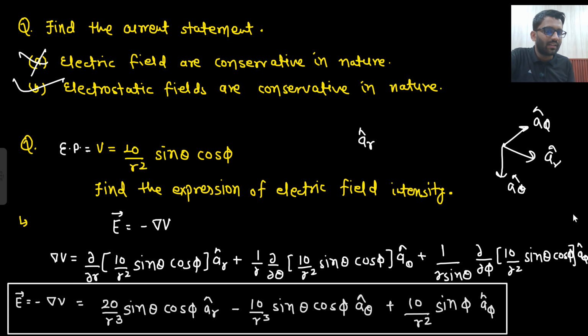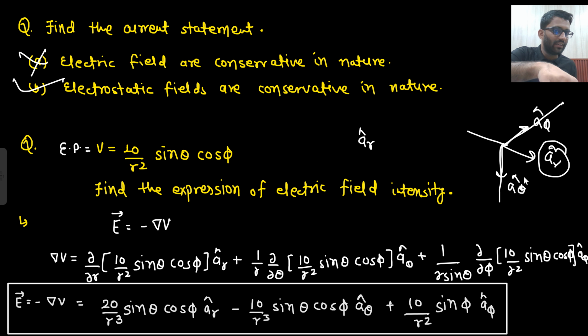So what does that mean? That in the direction of a_r cap, r will increase. In the direction of a_phi cap, phi will increase. In the direction of a_theta cap, theta will increase. You remember this, right? Now if I increase the value of r, what will happen?